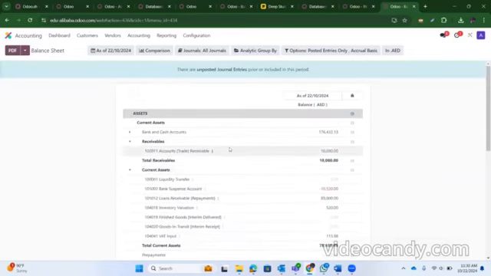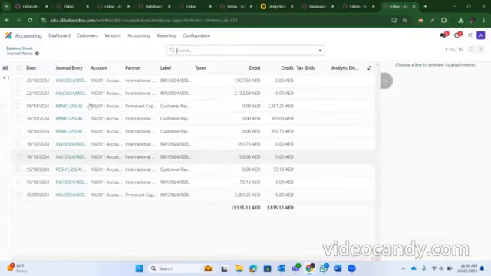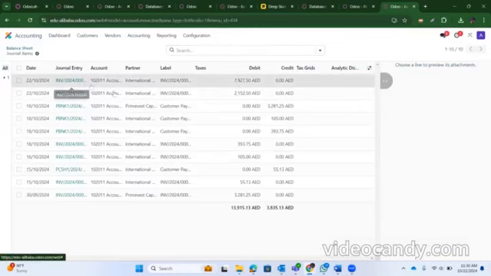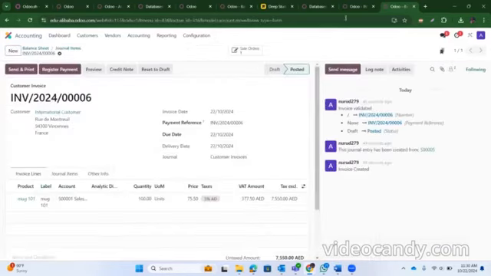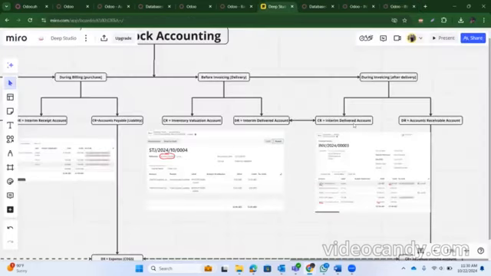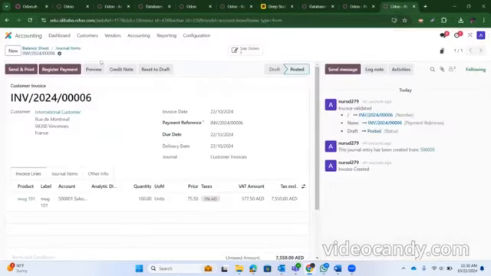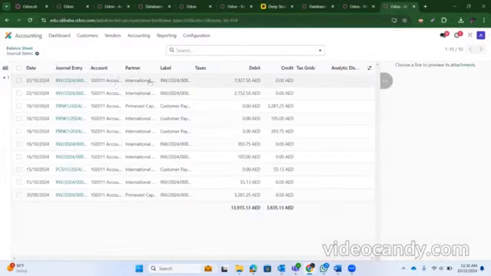Receivables, yes. So if we come to receivables, we should be able to see that particular transaction sitting here, meaning we have successfully credited the interim delivered account, and then we are correspondingly debiting the accounts receivable. That's exactly what is happening here.